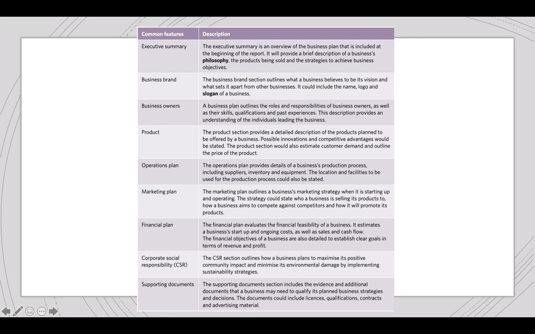So the first part is the executive summary, which is an overview of the business plan included at the beginning of the report. With this one, just be aware that it is actually the last component of the report that you will write. Okay, because you are going to be giving a snapshot of what the remainder of the plan looks like.